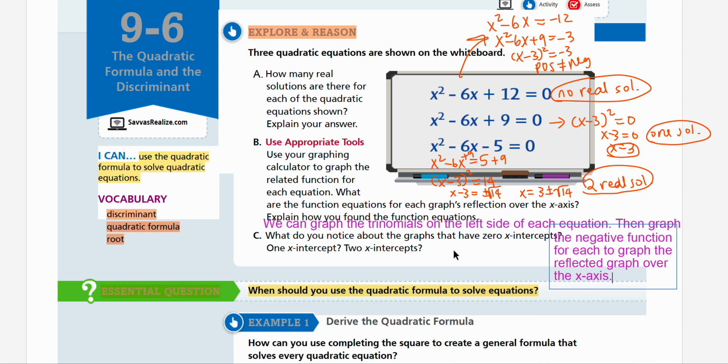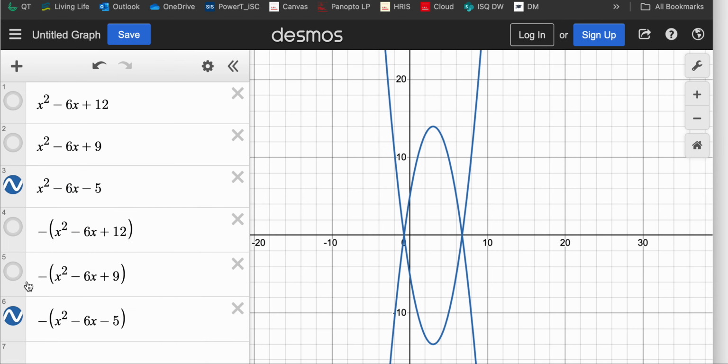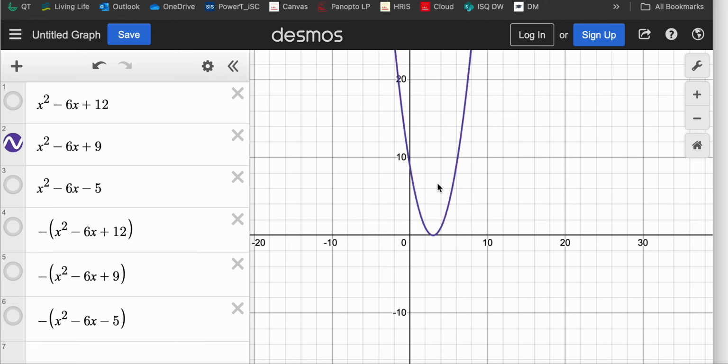Okay, let's look at part C. What do you notice about the graphs that have 0 x-intercepts? So no x-intercepts, 1 x-intercept or 2 x-intercepts. If you look at the graph, we see that there are 2 x-intercepts for the third graph. So that means we have 2 real solutions. 1 x-intercept for the second graph, so 1 real solution.